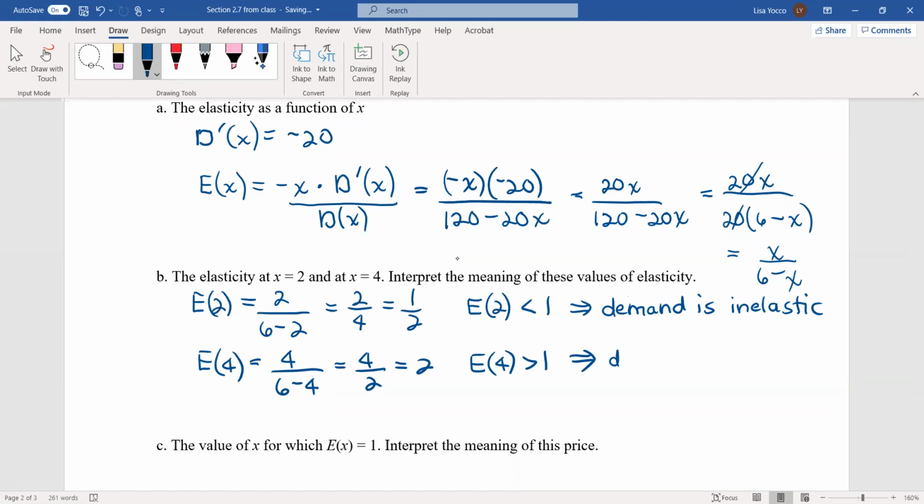This tells me that the demand is elastic. Okay, and then I guess we could also add here revenue. If the demand is inelastic, the revenue is increasing. And if it's elastic, the revenue is decreasing.